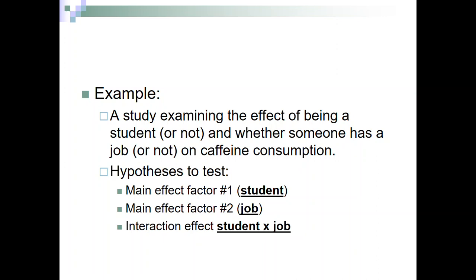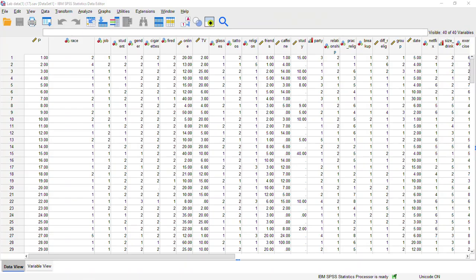And we're going to look at the interaction effect, so the combined effect of having a job or not and being a student or not. So anytime we're doing a factorial design or a factorial ANOVA, it's going to look at multiple different hypothesis tests within that one analysis. So let's discuss how to actually run this analysis using SPSS.